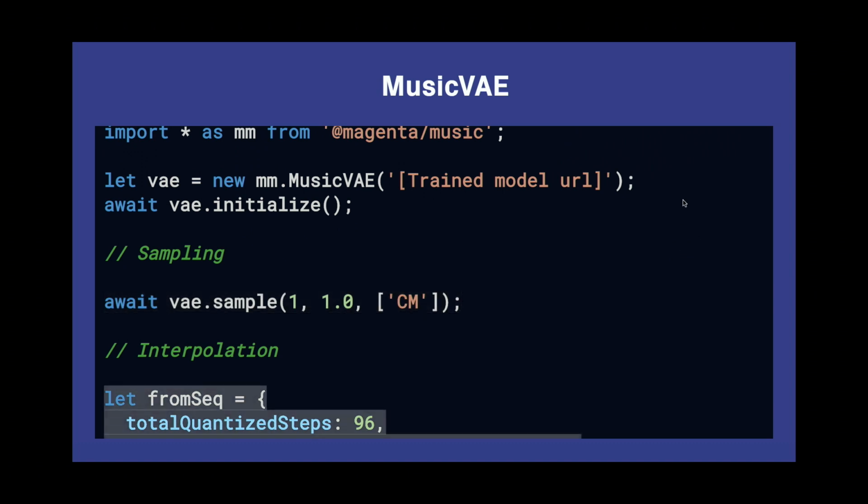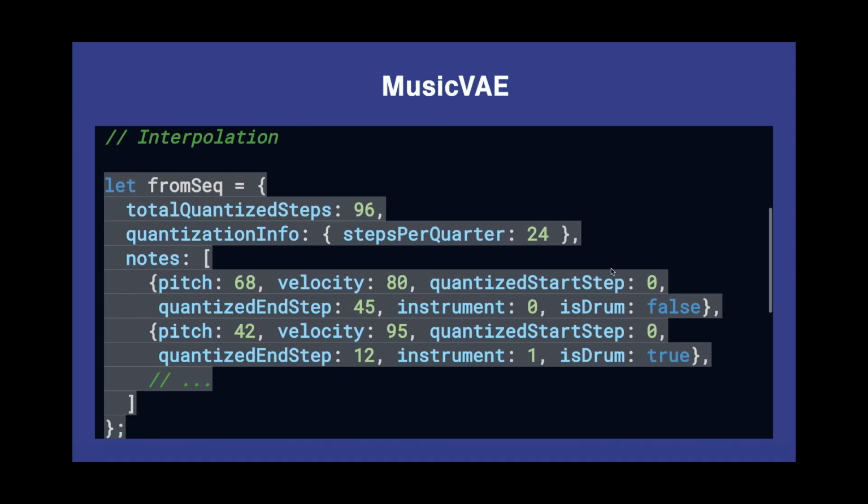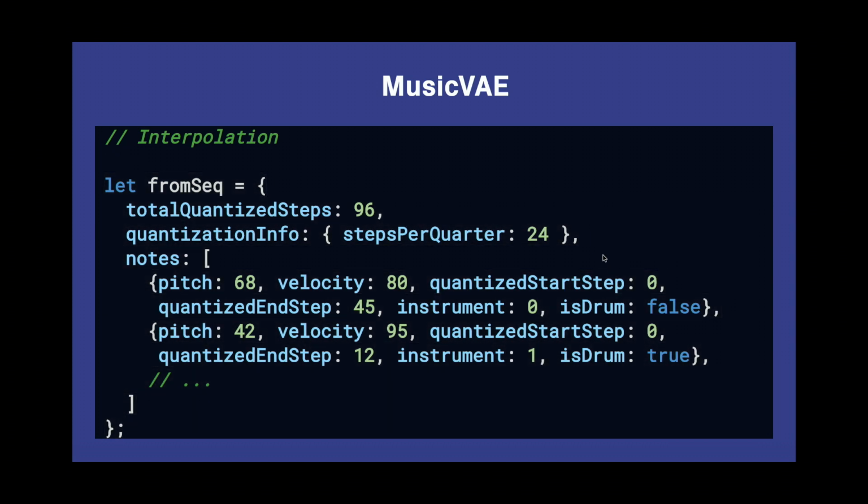And you can do that interpolation thing, and for that you do need these existing musical measures for giving you the endpoints of the interpolation. And this is again the same data structure as before. This could be something you sample from the space, or it could be manually crafted, or it could be something you play on a keyboard, for example, and capture in this kind of data structure if you want to see what you can then do with this autoencoder. So you need two of those.